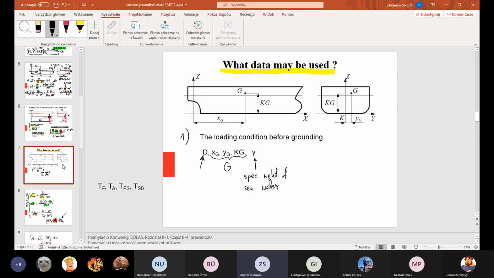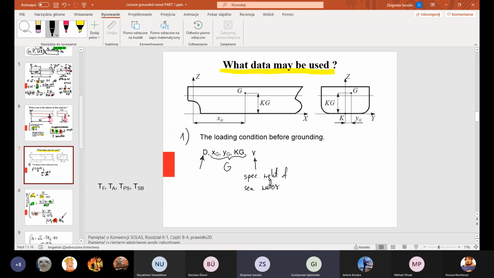Namely, we know the loading condition of our ship before grounding. Who is brave enough, who is smart enough to answer such a question?